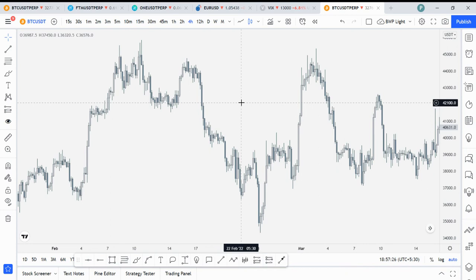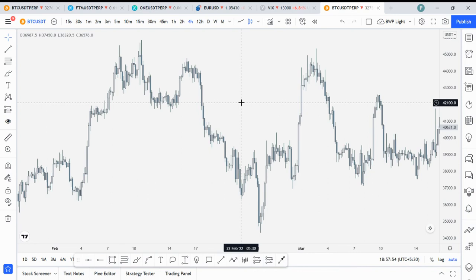Now there is a little difference between BFIs and market makers. That's why I like to use BFIs, banks and financial institutions, instead of market makers, especially in forex. Banks and financial institutions can act as market makers, but not all of them are actually market makers.